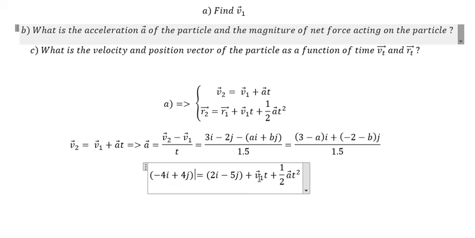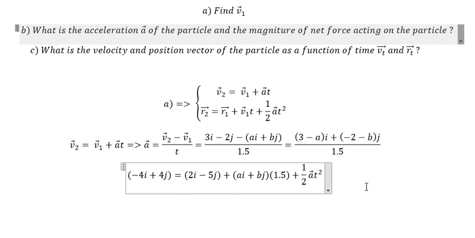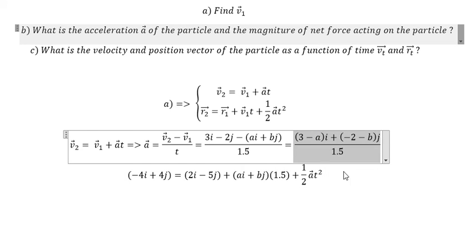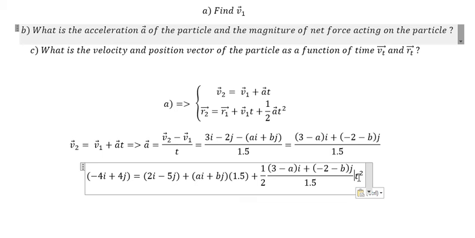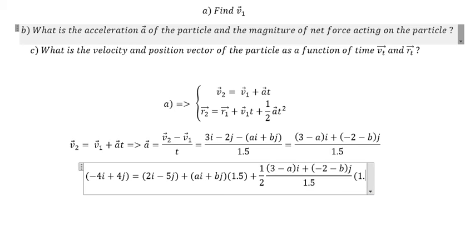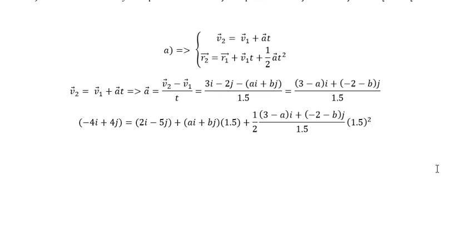V1 is ai plus bj. t is 1.5, and a is this one, with t being 1.5 squared in here. And now we need to simplify everything.